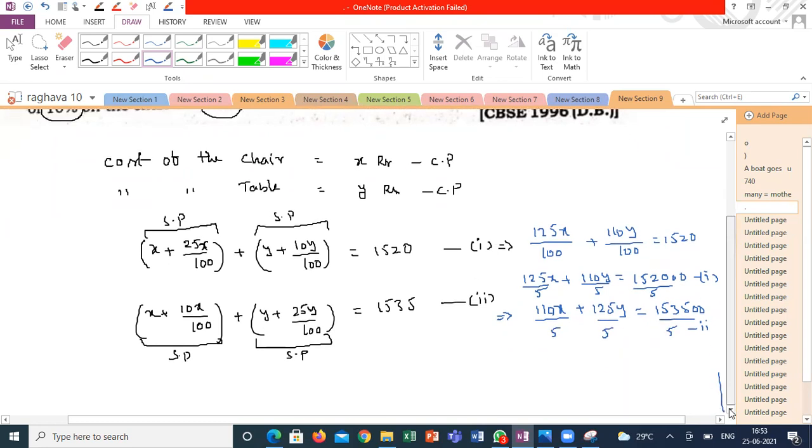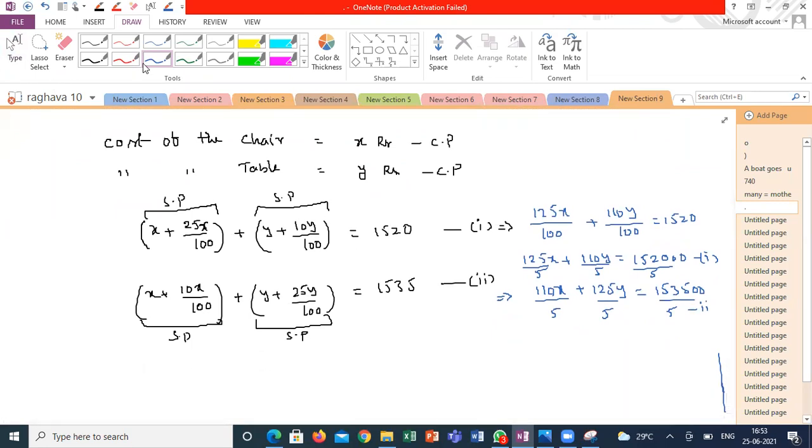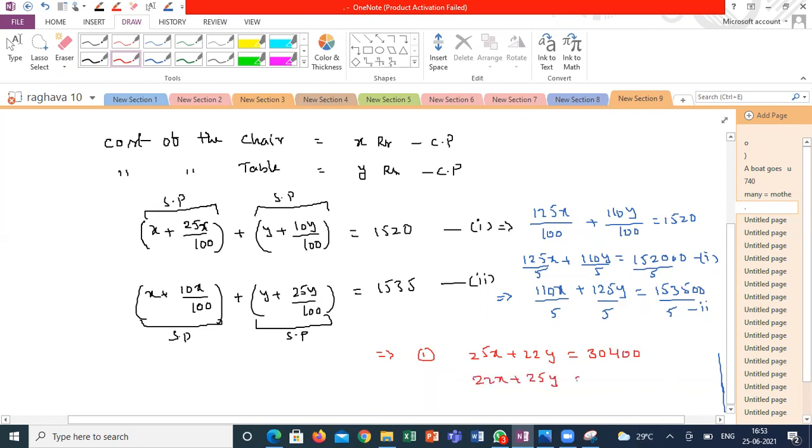Since all the numbers are divisible by 5, my first equation will be 25x plus 22y is equal to 30,400, and the second is 22x plus 25y is equal to 1535 into 20, which is 30,700. So now if you are able to solve these equations, it will be easy for you.